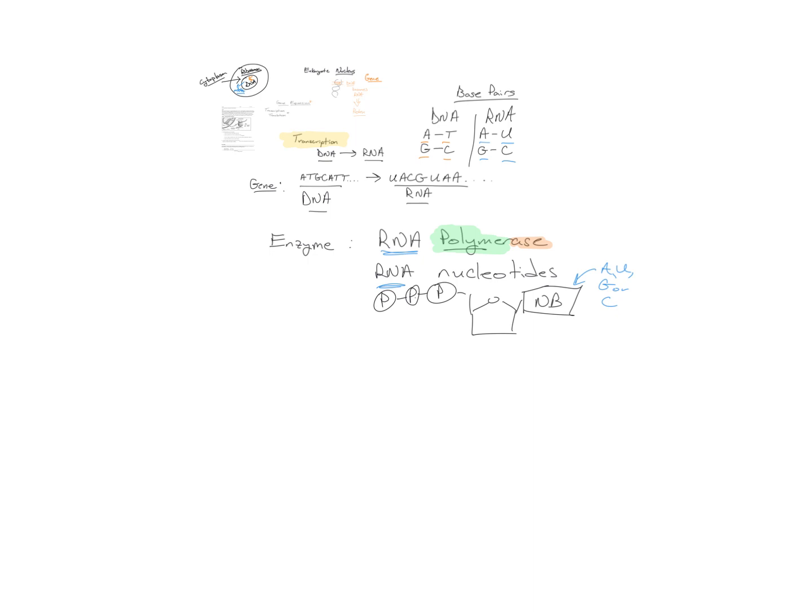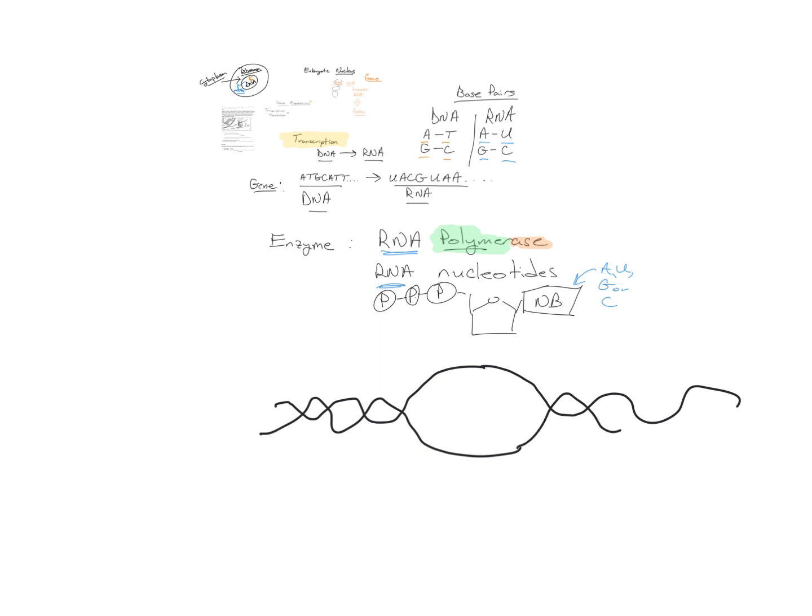It reads the DNA. The double helix opens up. And the RNA polymerase lands, starts to read, and then starts to make RNA.